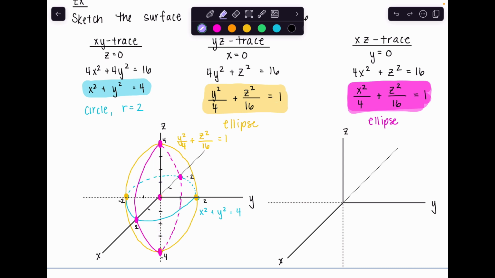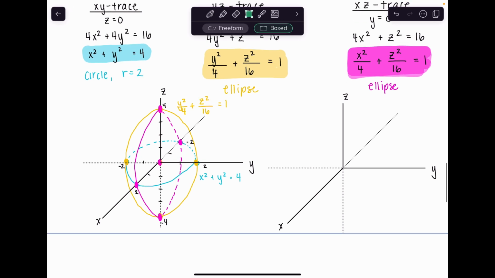If you go ahead and slice this sideways, it's always going to be an ellipse. And then likewise, if you slice it parallel to the YZ plane, it's still going to be an ellipse. So this is basically when you're setting x equal to some constant, and then you're getting a different ellipse from here. Okay. So this kind of shape also has a name.